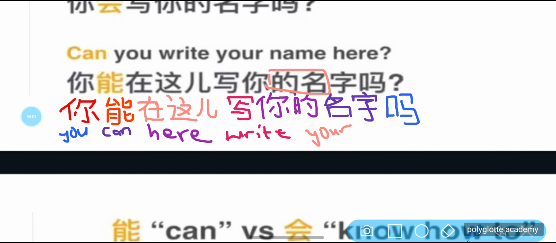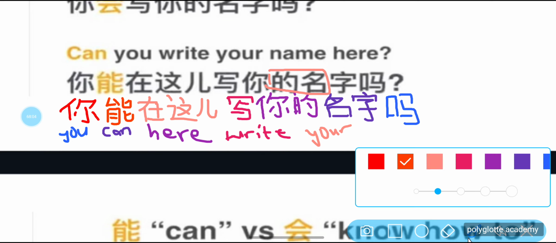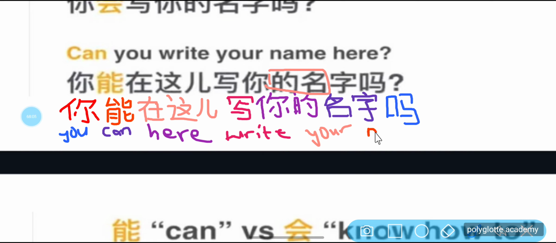And then we have this character 名字, which is name. Then we have ma, which is a question particle. So have that as a question particle.